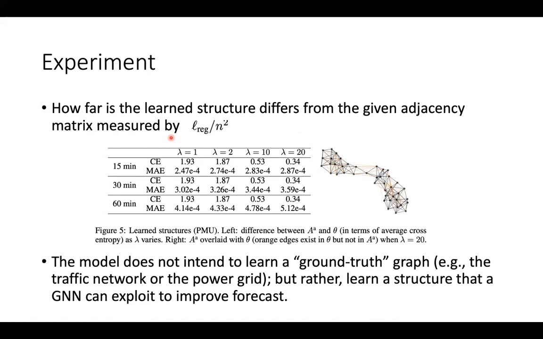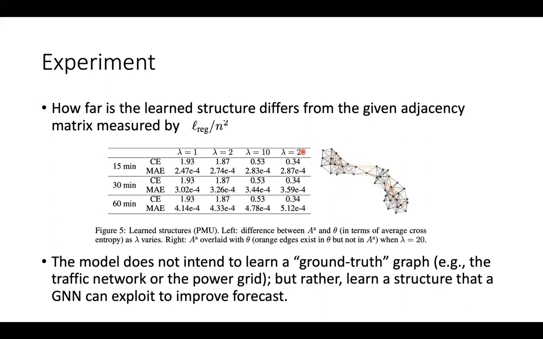But when this regularization term gets larger, the error will also rise, because it will push the model to learn a structure very similar to the ground truth graph, but the ground truth graph may not always be the optimal one.